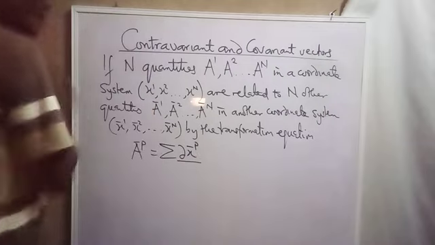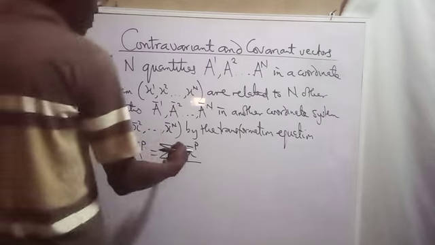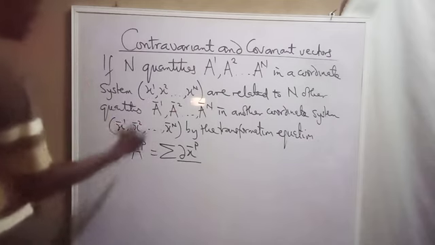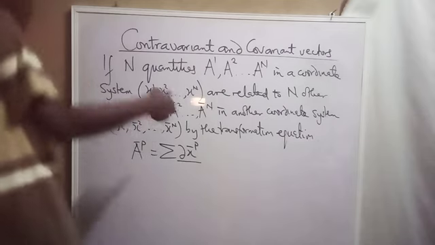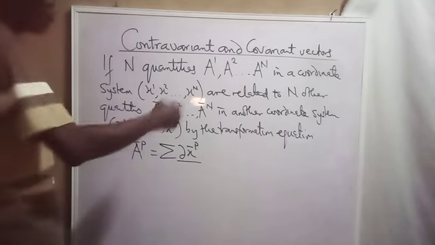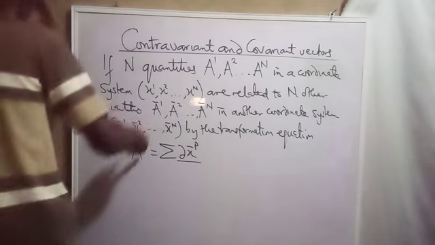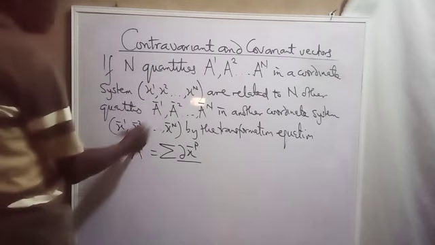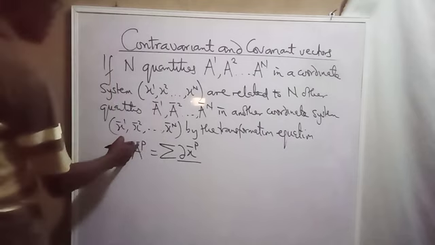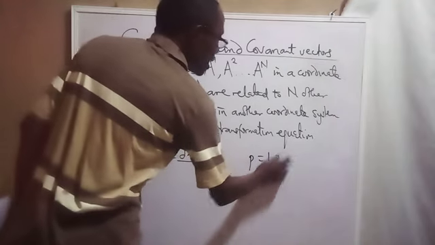Remember that we are moving from this coordinate system to this coordinate system, and this second one will now be the first we are going to use. That's why we are adopting A bar P. So instead of writing 1 to n, we will just write A bar P. Later we're going to say P is 1 to n.